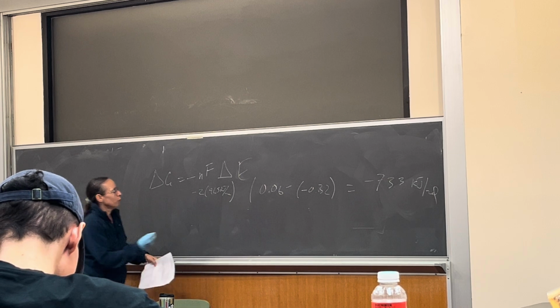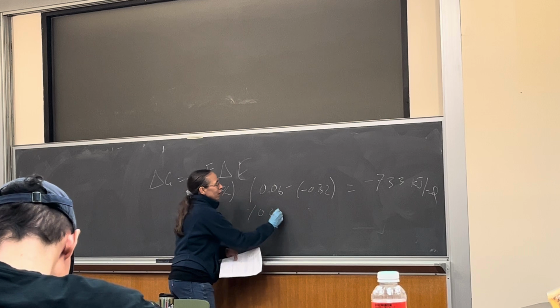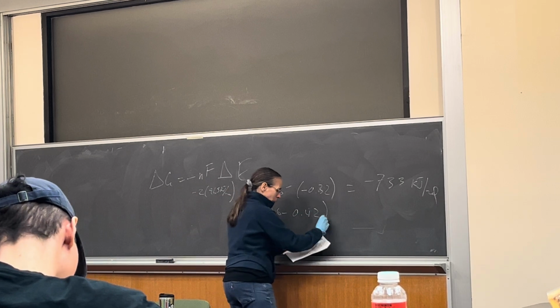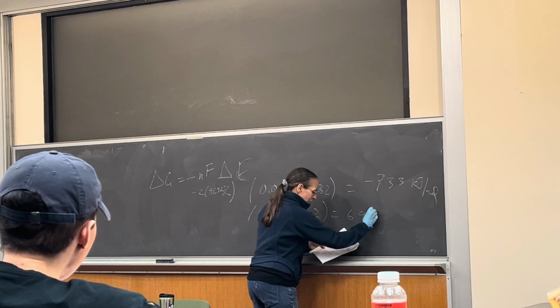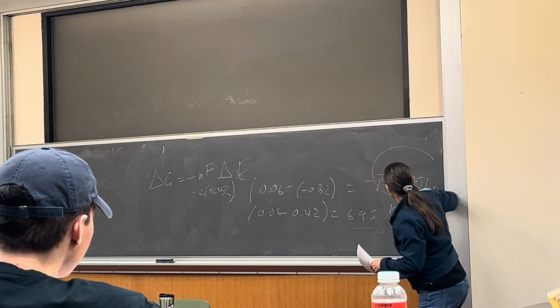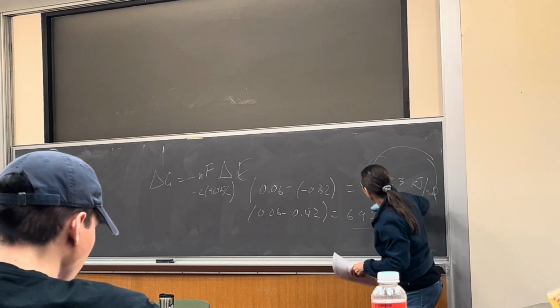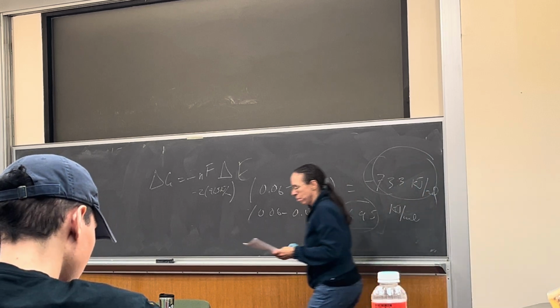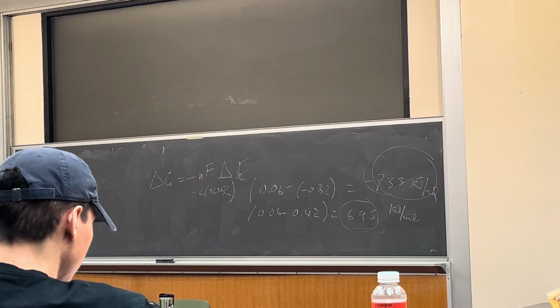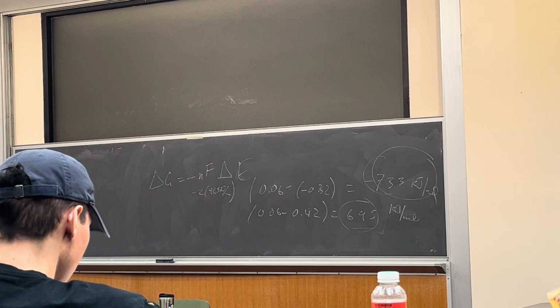For number 2, it was spontaneous and favorable, unfavorable. So this one had two answers? Yep, it also had two answers. Which one did you say was favorable?